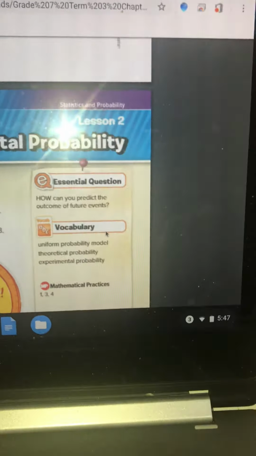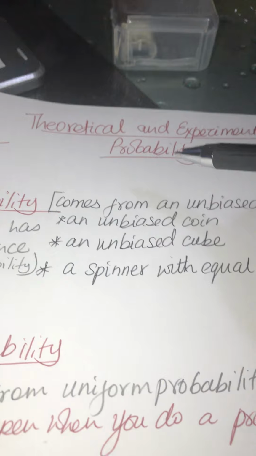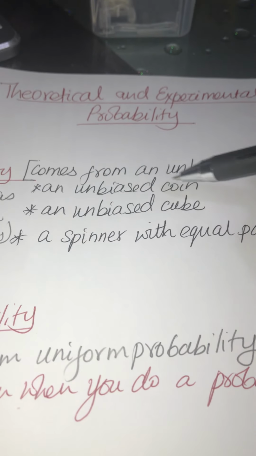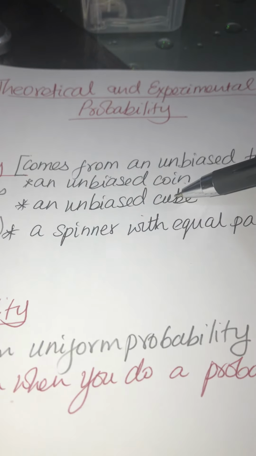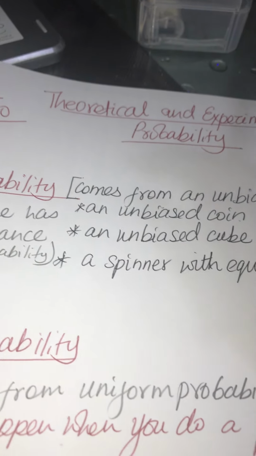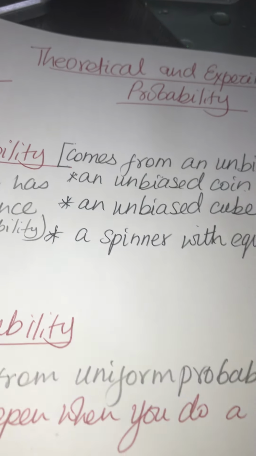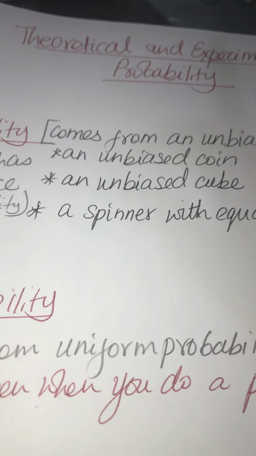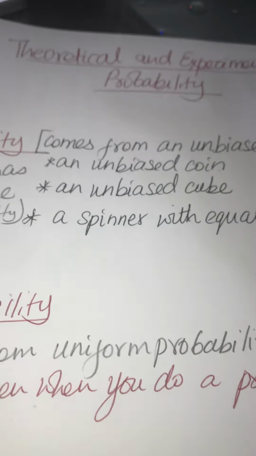Now, when you have an unbiased model, like an unbiased coin or an unbiased cube, everything must be equal. The sizes on your model must be equal, you should have equal parts. One cannot be big and the other one small, like here. So on this spinner, this is unbiased because it is uniform, because each part is equal.